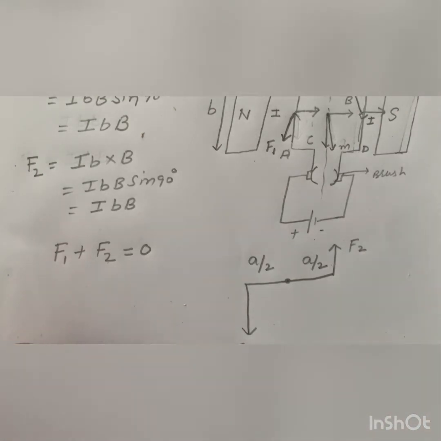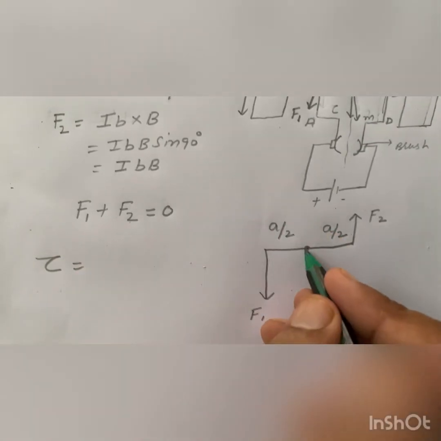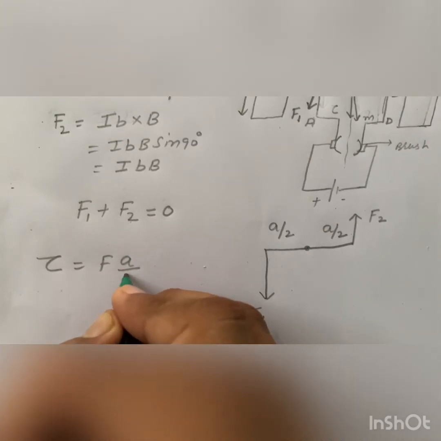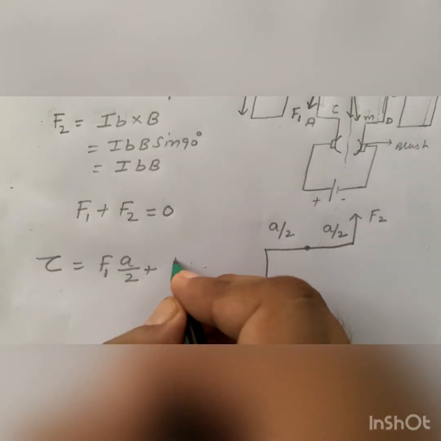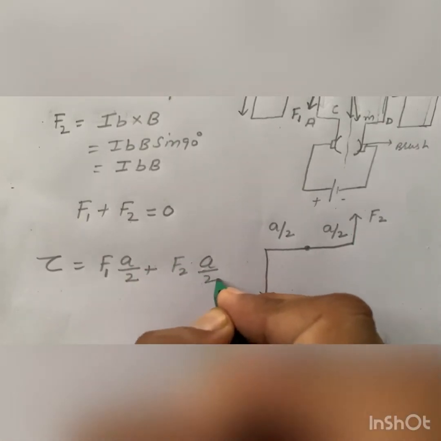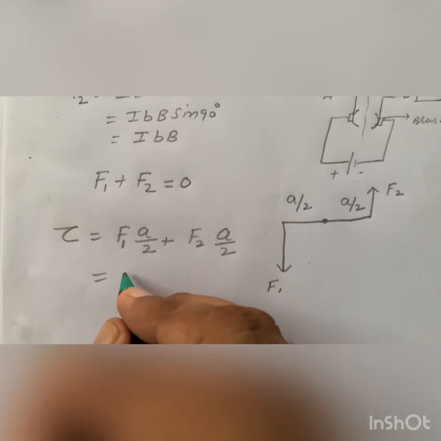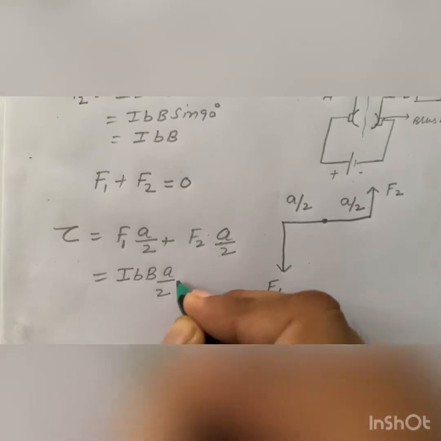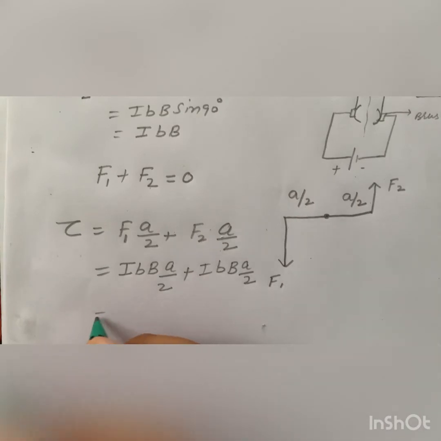So the magnitude of torque is force into distance, that is F1 into a by 2 plus F2 into a by 2. As the magnitudes of F1 and F2 are the same, we have I b B into a by 2 plus I b B a by 2. So we get I a b B.